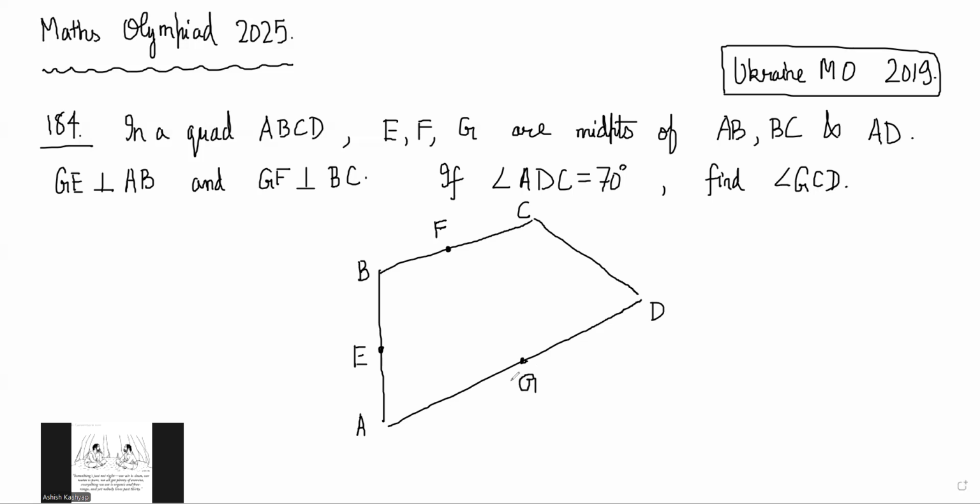GE is perpendicular to AB, and GF is perpendicular to BC. Angle ADC is 70. We have to find angle GCD.